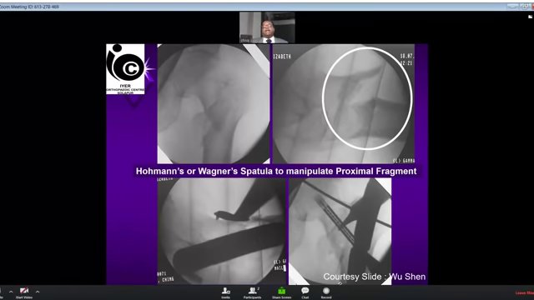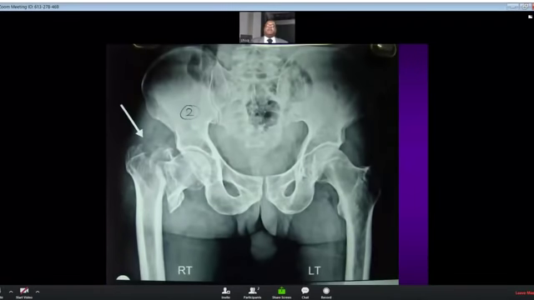The beak is going anteriorly. With the spatula it has been reduced properly and the guide wire has been passed and the screw has been passed subsequently. So getting this anterior reduction is very, very important. That's why we always say that anteromedial reduction is very, very important.